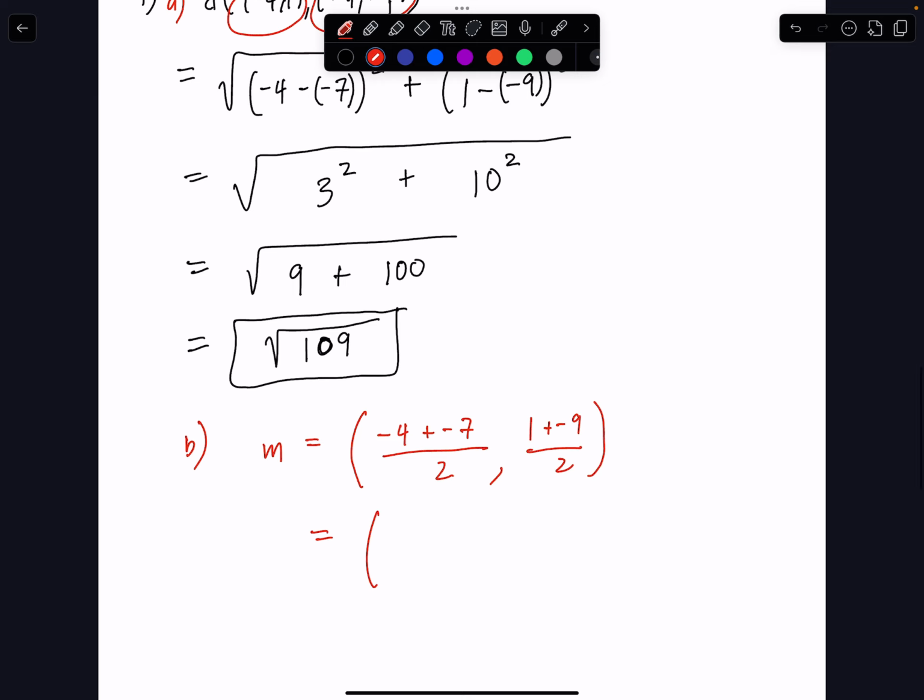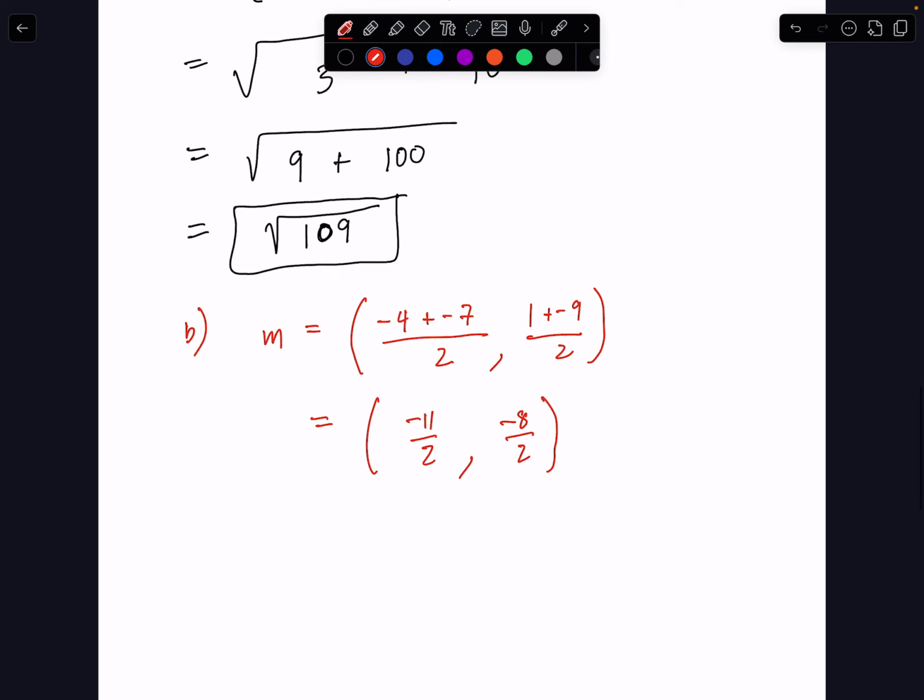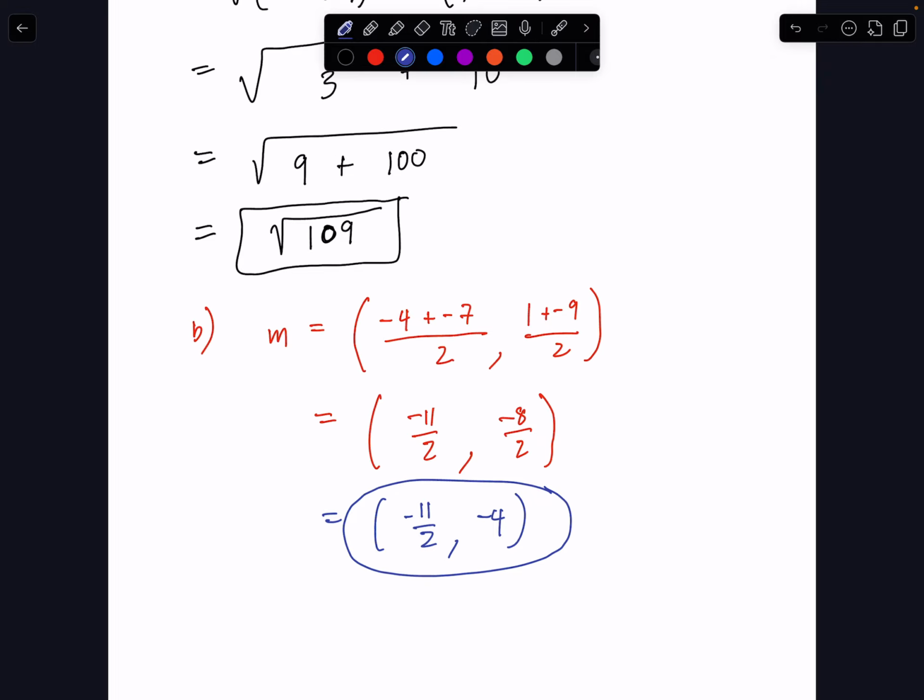And then the final step: -4 plus -7 is -11, divided by 2, so -11 halves. 1 plus -9 is -8 over 2. I'm going to do one more step of simplifying. -11 halves is okay. -8 over 2 should be -4. And there it is. Problem 1, part B.